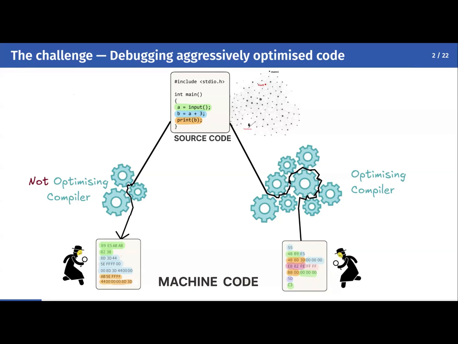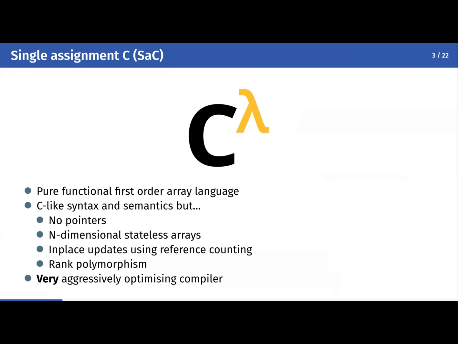So this talk is mainly about, in the context of a language called SAC, Single Assignment C, already mentioned by Gabriele in the first talk. It's a pure functional first-order array language. So it's trying to do arrays, multidimensional arrays that you can do computations on. It has C-like syntax, but it is really a functional language.